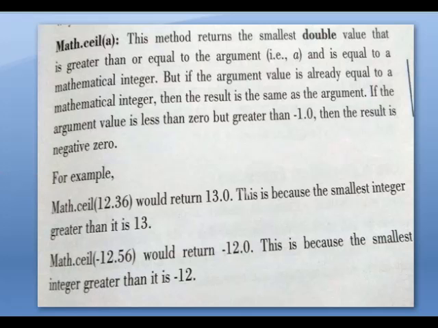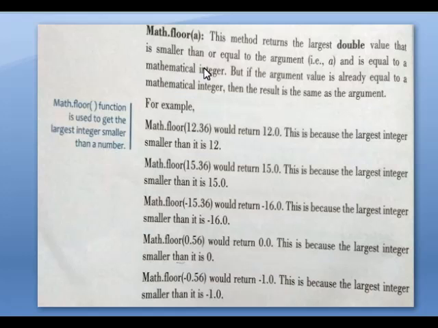Now the next one is Math.floor. Math.floor function is used to get the largest integer smaller than a number. So it is just the opposite of ceil. In the case of ceil, if it is a positive value, it will increment the value by 1, and if it is a negative value, it will remain as it is.